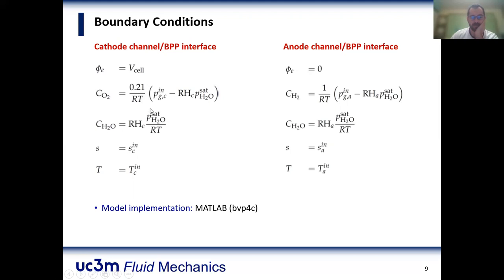Then we have also some concentration of water vapor associated with the relative humidity of that compartment. Then we have maybe some saturation at the interface. We have the operating temperature of that compartment, and we have the same, but with hydrogen for the anode terminal.